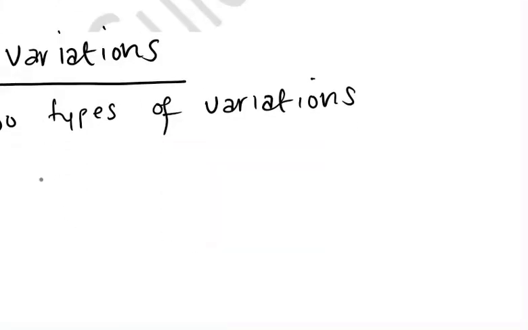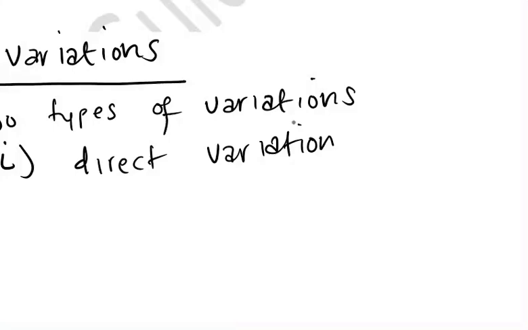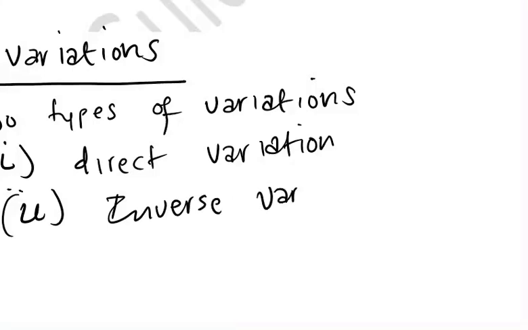One is direct variation. Then number two is inverse variation. Okay. How they differ is very easy to know.